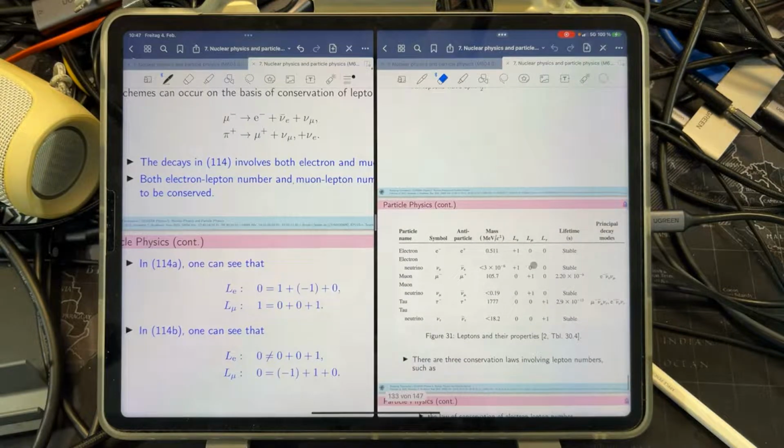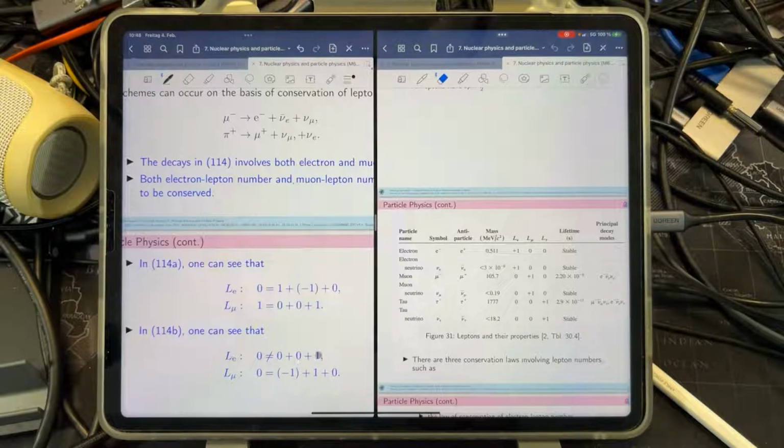Let's take a look at this table. The anti-muon, the antiparticle, would have 0 electron lepton number, so we write down 0. Muon neutrino, where is that? Here, would have 0 electron lepton number, so we write down 0. And the last one, electron neutrino, has +1 electron lepton number, so we write down 1.